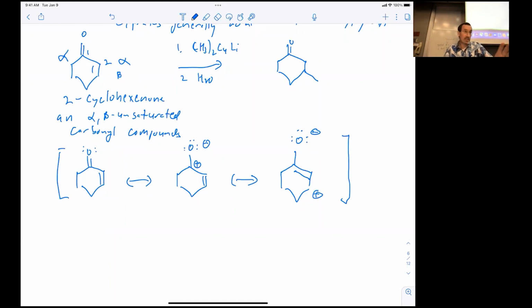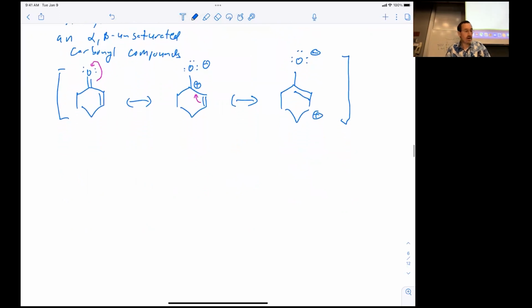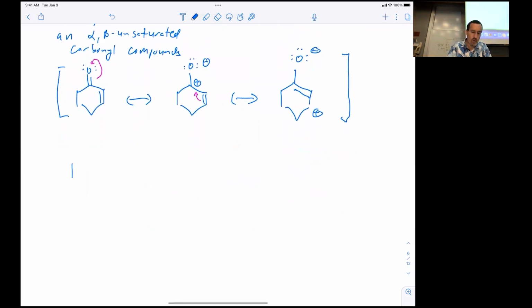If you need a crutch, if you need curved arrows to help you think about this, I'll draw my little crutch of saying, okay, I can imagine those electrons flowing to get me from one resonance structure to the other. But generally I prefer that one just keep this privately in one's head and not use this crutch. Nevertheless, this resonance structure helps us think about why an alpha beta unsaturated carbonyl compound should be electrophilic at the beta position.